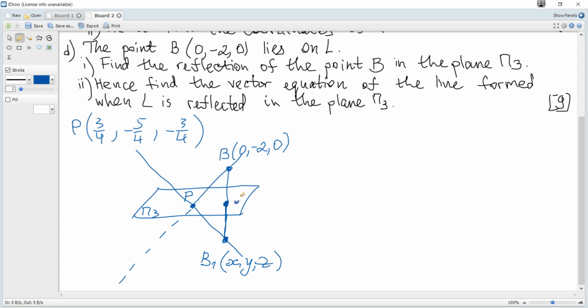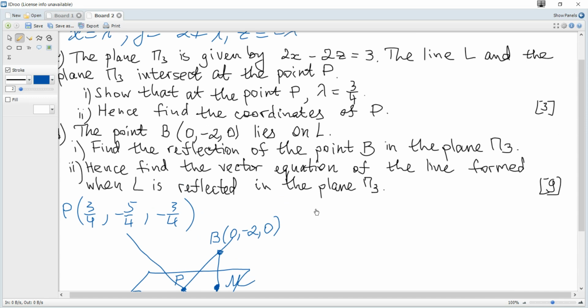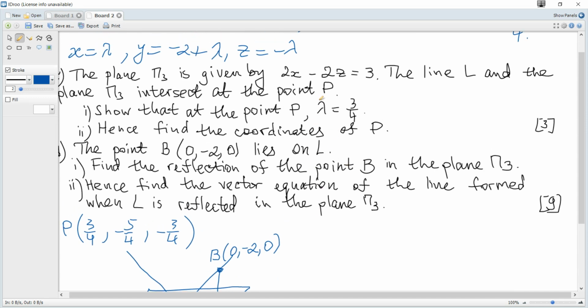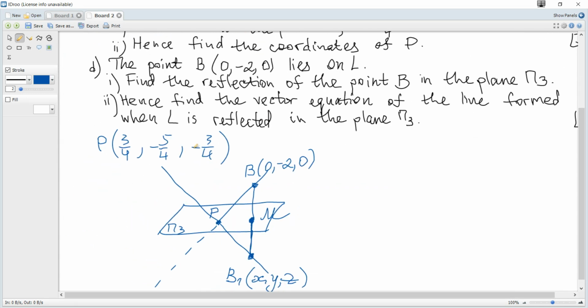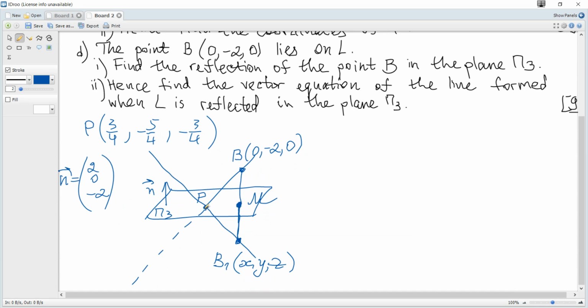Let M be the point on the plane, and since the equation of pi 3 is given, we can deduce that the normal is (2, 0, -2). Due to symmetry, BM or BB1 or MB1 is perpendicular to the plane.